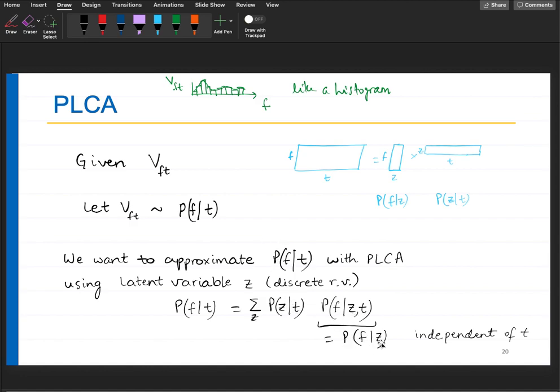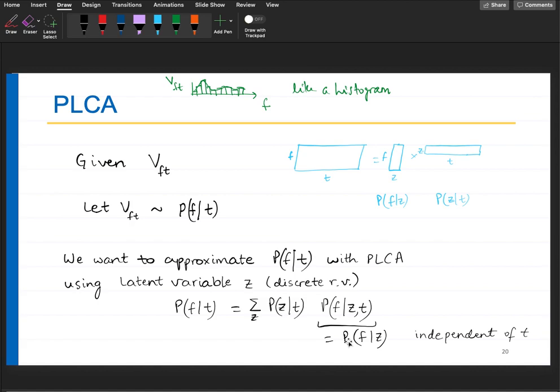Now here, an important assumption we are making is that P(F|Z) is independent of T. What does that mean? These are my dictionary elements, and they do not depend on time. Dictionary elements are constant. Activations control at what time which dictionary element will be activated.